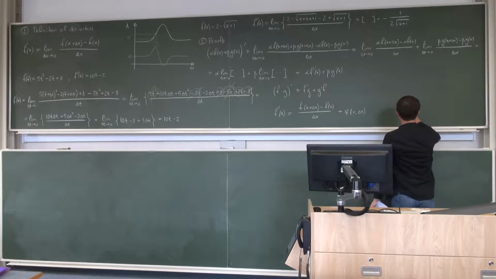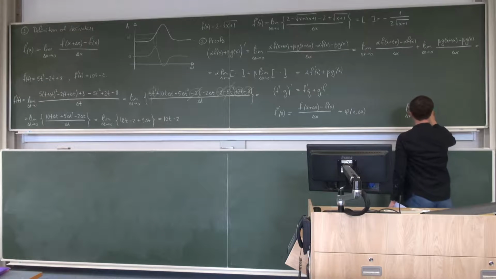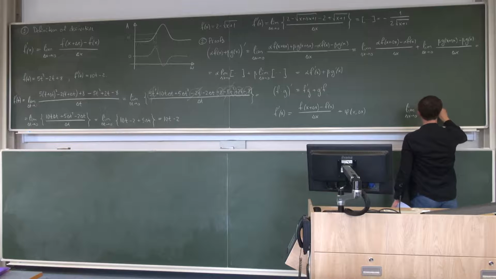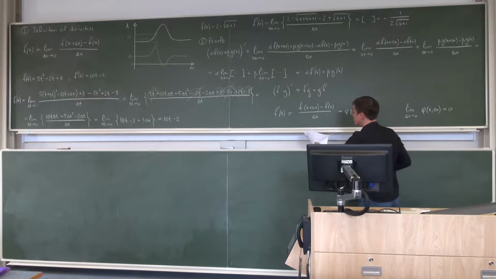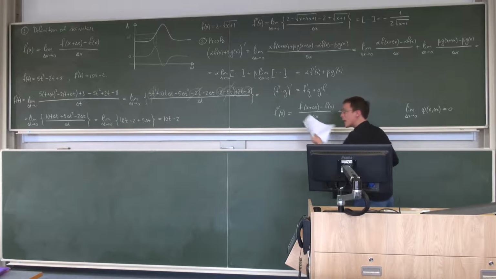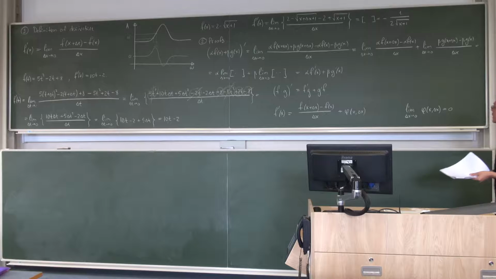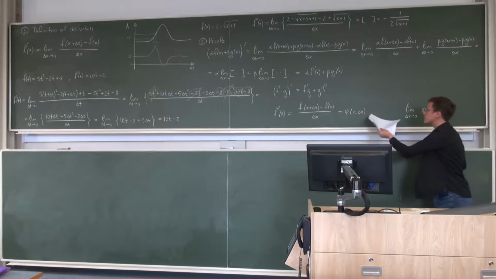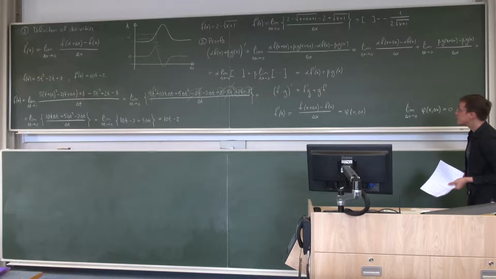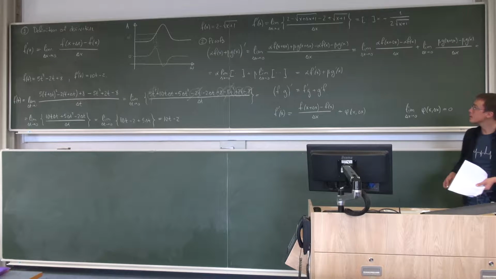And of course, by definition, the limit of delta x going to 0 of phi of x, delta x would be 0. It will have to vanish because that expression would actually become equal to f prime. And this phi is something. It depends on x and delta x clearly, but beyond that we simply don't know it.